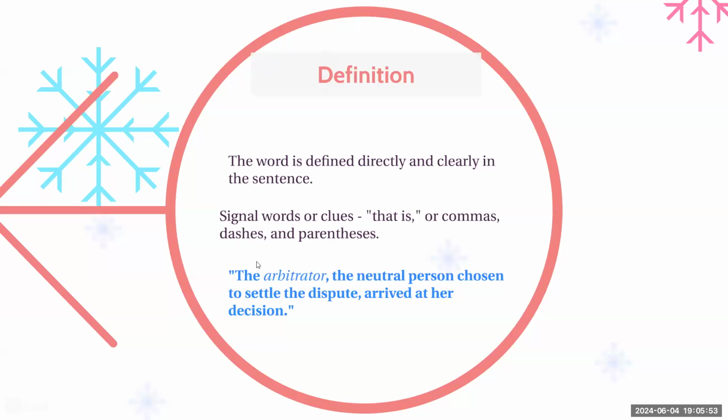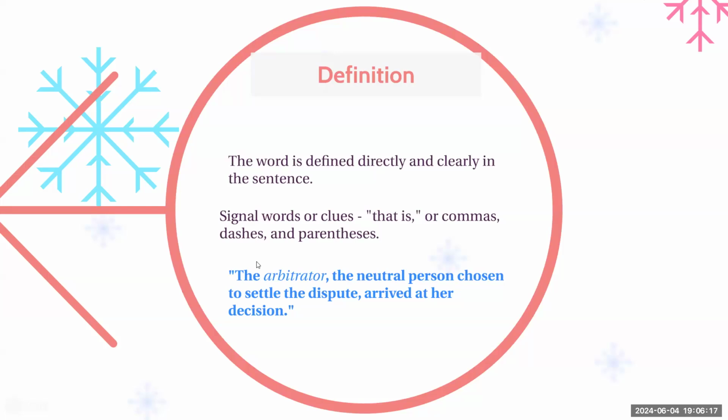This is how we know that it's telling us more about that word. Okay? Yeah? Or if we want to say it differently, the arbitrator, that is the neutral person chosen to settle the dispute, arrived at her decision. Yeah? So either one of these will tell you the definition.